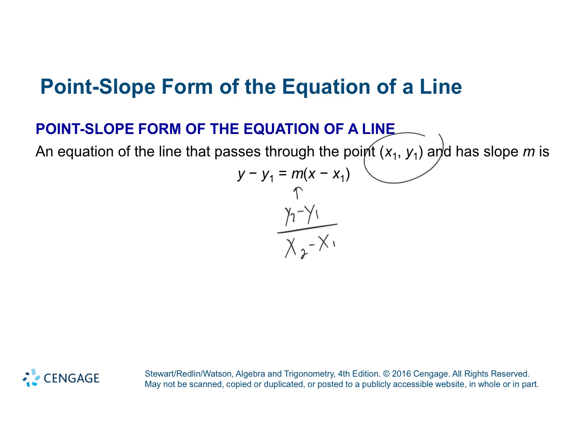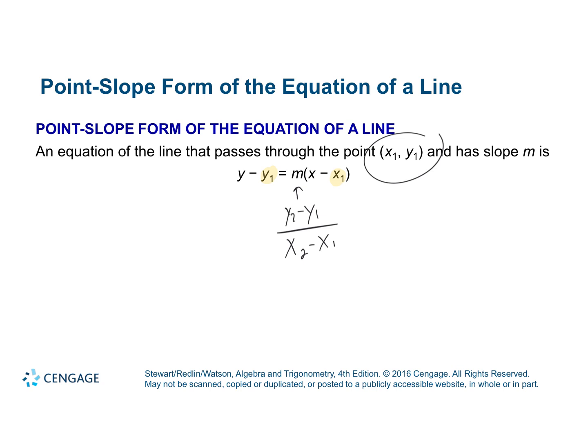And then a set of points that it's given, you would plug into the x1 and the y1. The y and the x that have no subscript are left the same. So the y stays the same, y1 is a number, m is a slope, x stays as x, and then x1 is a number.